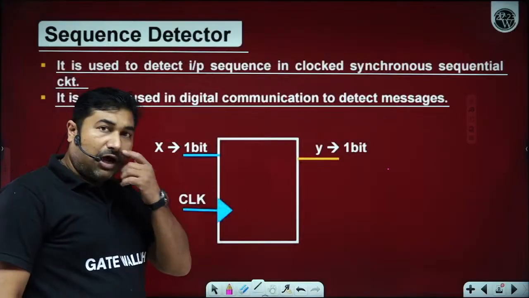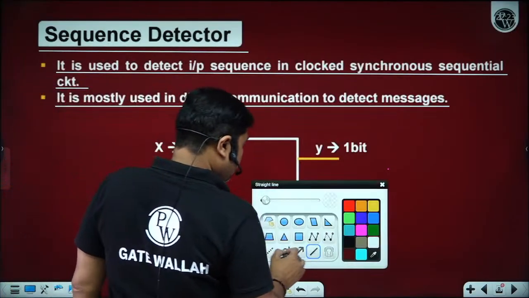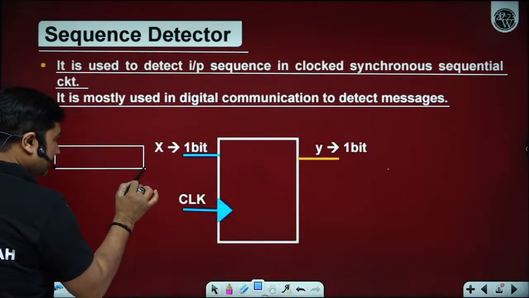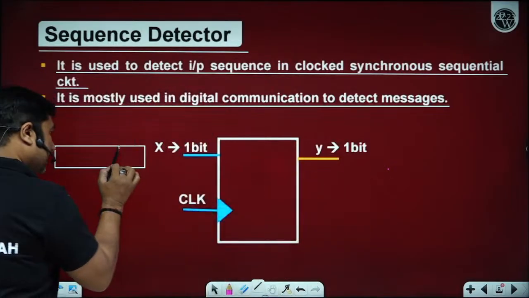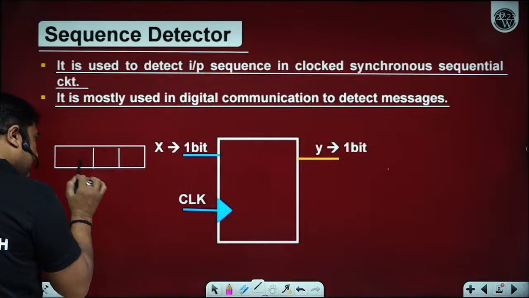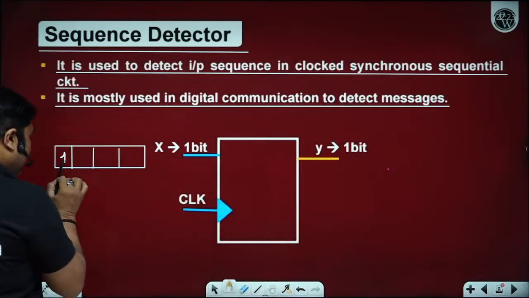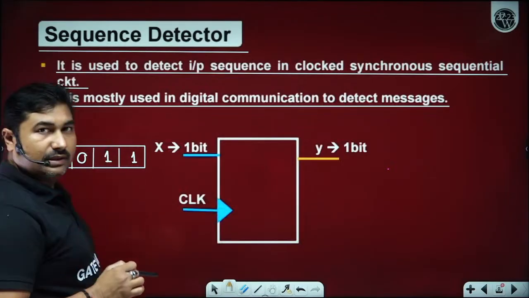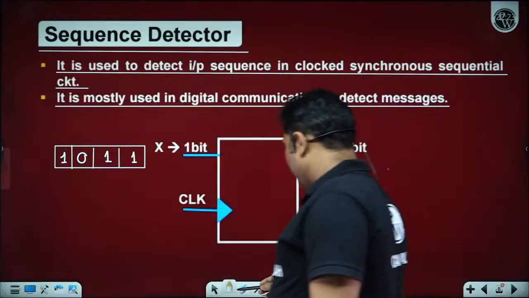Now please observe how it works. Suppose we have given a digital message X as 1011.